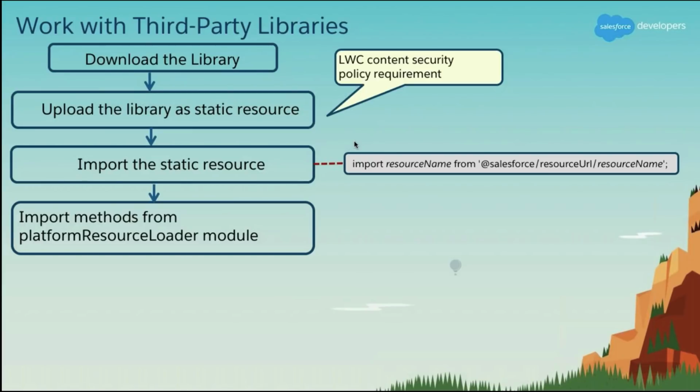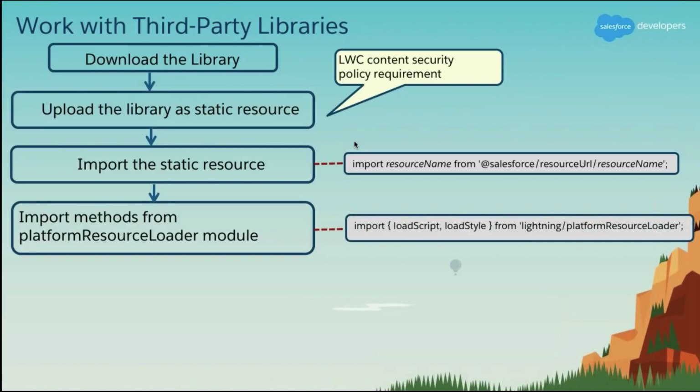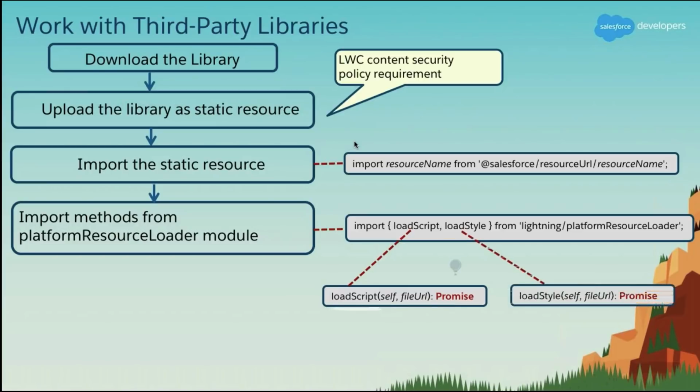This is one of the modules which helps us load JavaScript and CSS files into your JavaScript file. These are the two methods we are going to use: one is load script, the other is load style, which we import from the Lightning namespace platform resource loader. Both have very similar syntax, where load script and load style take two parameters.